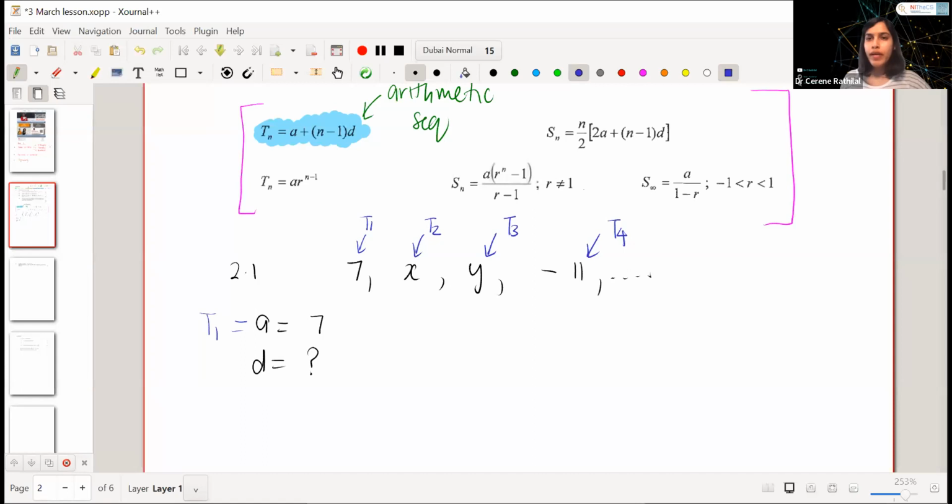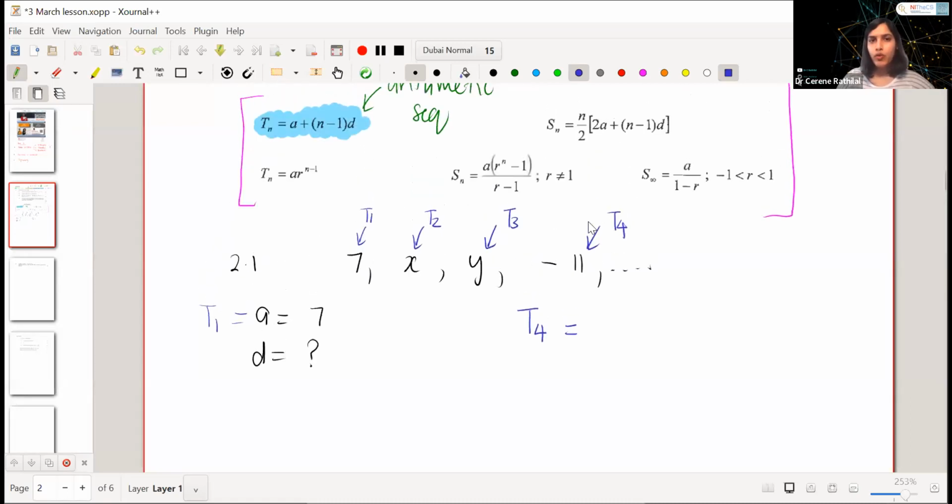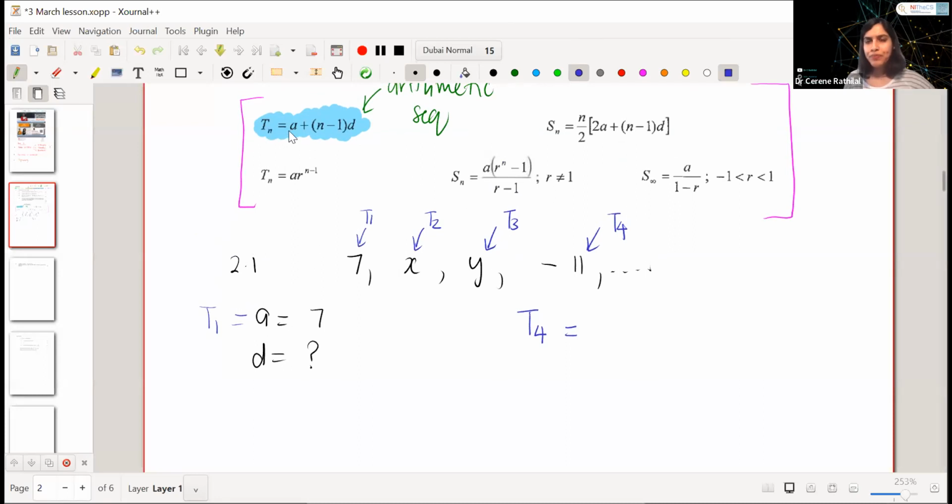And I know the value of T4. So let's expand on what T4 represents. Okay, so I observe that T4, according to the general formula that we know, is equal to A plus n minus 1 into D. So since n is 4, it's 4 minus 1, which is 3 times D.